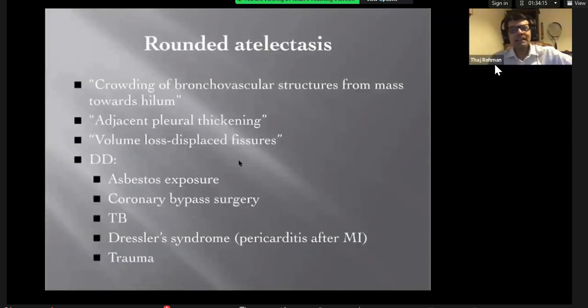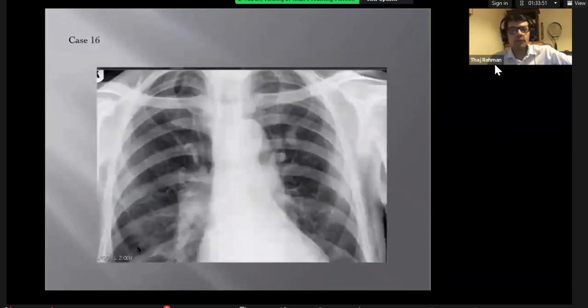Rounded atelectasis or folded lung, where the features will be crowding of bronchovascular structures from the mass towards the hilum, adjacent pleural thickening. There will be some volume loss and displacement of the fissures. The differentials are most commonly asbestos exposure. Nowadays, the most common will be post-coronary bypass surgery, TB, pericarditis after MI called Dressler syndrome, and trauma.